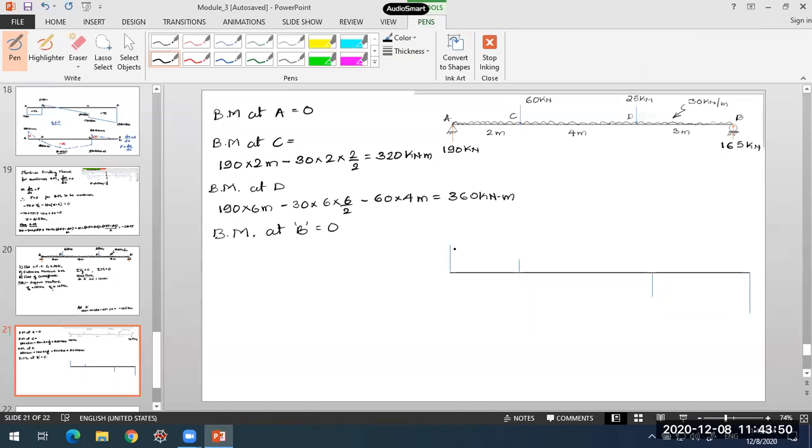Now this will be varying linearly between A and C. UDL is there, so this will vary linearly over here. So at C, when I cross that, there will be a sudden change.